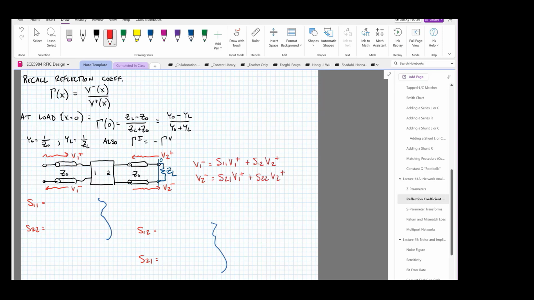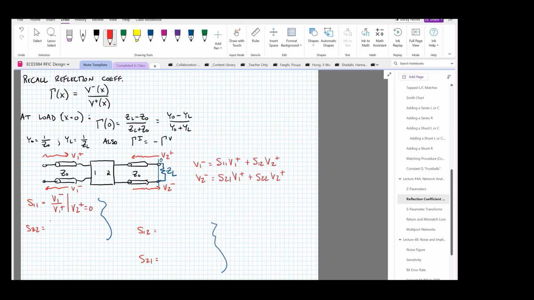Okay, now much like before, if we want to find S11, we need to eliminate one of the stimulus or stimuli. So S11 is equal to V1 minus over V1 plus when V2 plus is equal to 0.